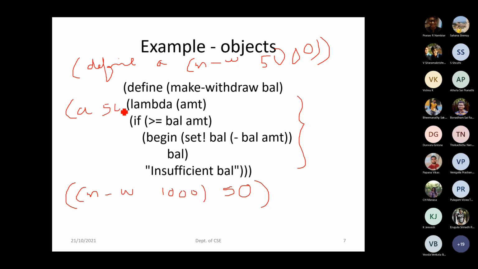When you say A of 50, what happens now? Balance for A is set to 5,000. Now it will execute the lambda procedure. It will compare whether 5,000 is greater than 50. Yes. Then it will set 5,000 minus 50. That value will be updated to this balance, and it returns the balance value. Is it clear?